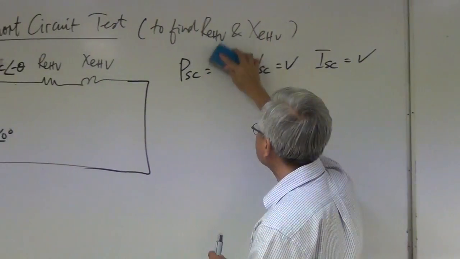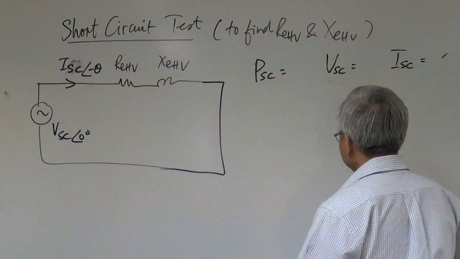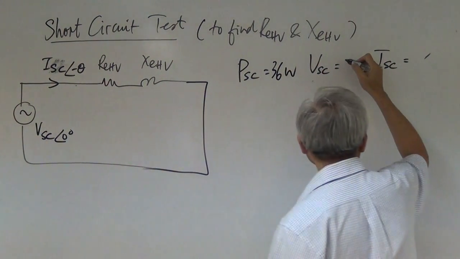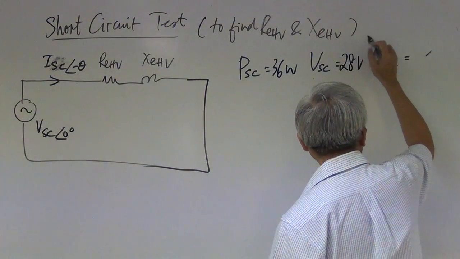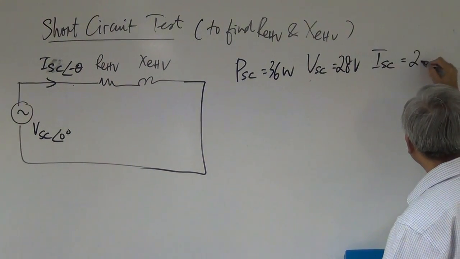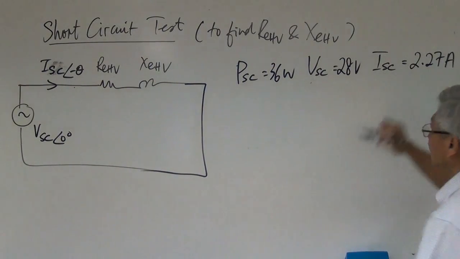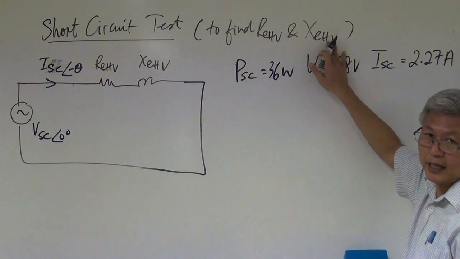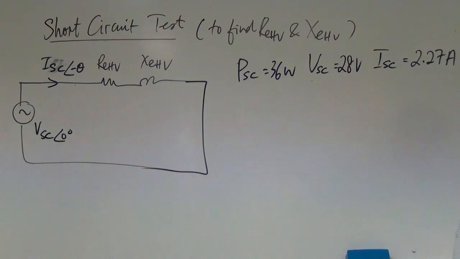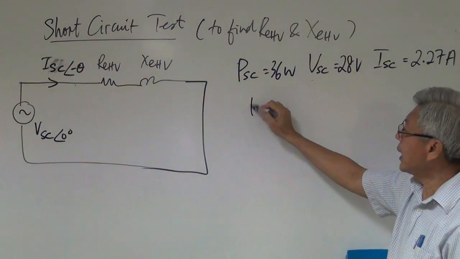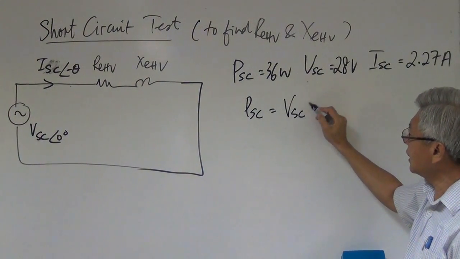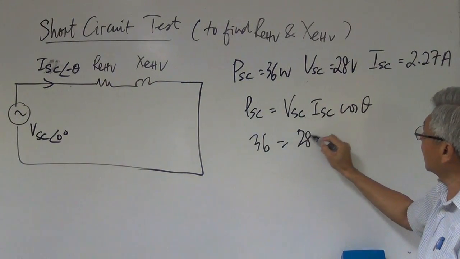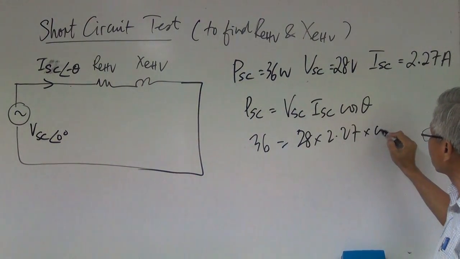Okay? Right, so let's say the short circuit test power is 36 watts, the short circuit voltage is 28 volts, and the short circuit current is 2.27 amperes. Right? Then you are given this data and you're asked to find this. And you have decided that you want to use the cosine theta method. So you say PSC equal to VSC ISC cosine theta. So that is 36 equal to 28 times 2.27 times cosine theta.